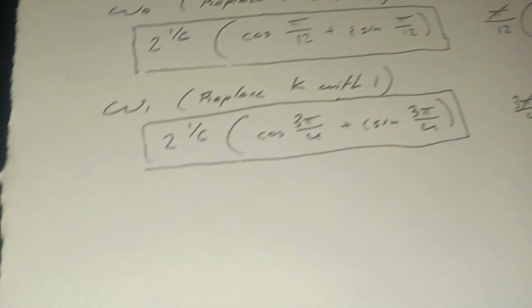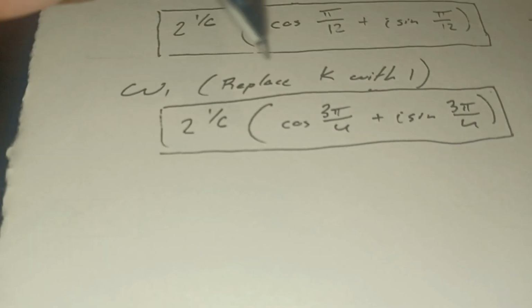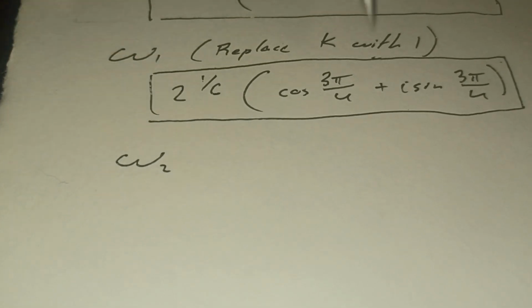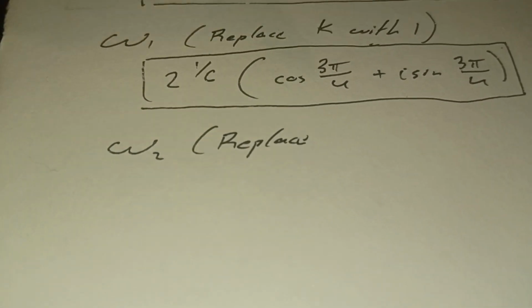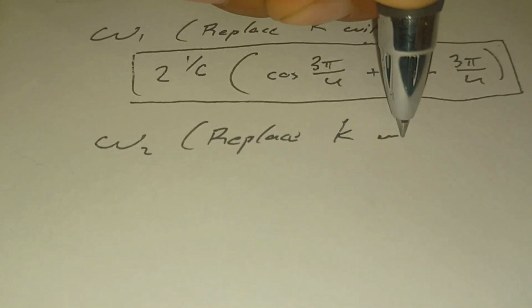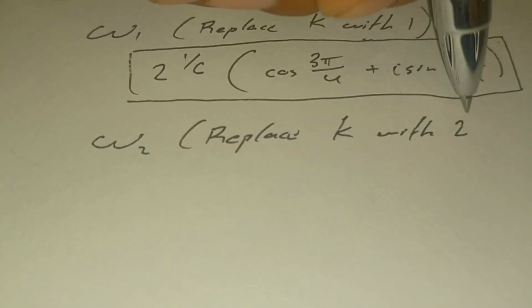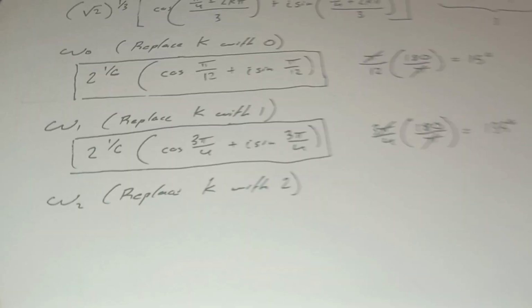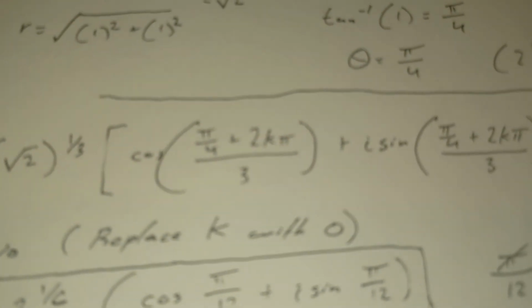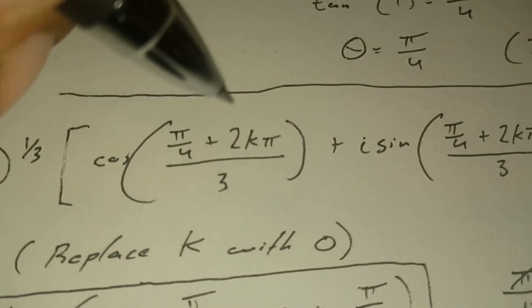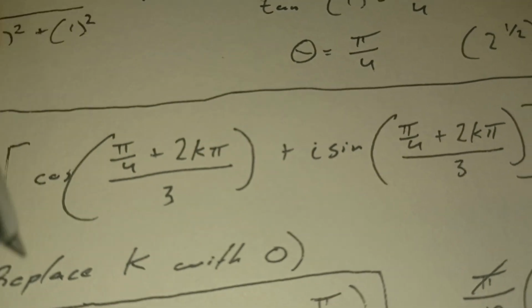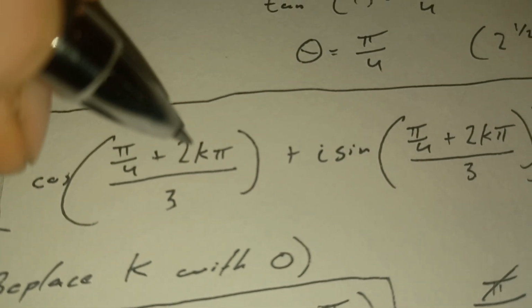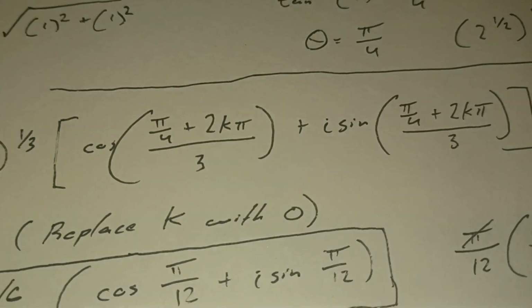All right, let's go on to our last answer, which is w sub 2. So let's replace k with 2 and go back to the formula: pi over 4 plus 2 times 2 is 4, times pi is 4 pi, divided by 3. So pi over 4 plus 4 pi divided by 3.